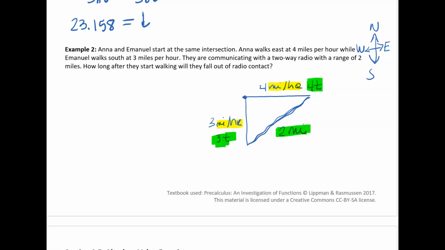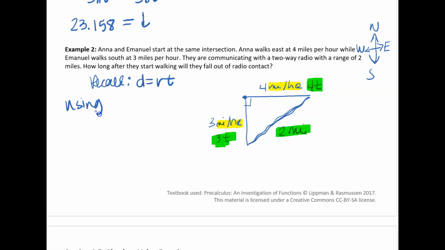Whenever you're looking at your picture, in our steps we said sketch a picture if possible. You can see that this is creating a right triangle. It says use common known formulas. First of all, recall, and we've already used it, distance is equal to rate times time. That's how we got that 3t and 4t.